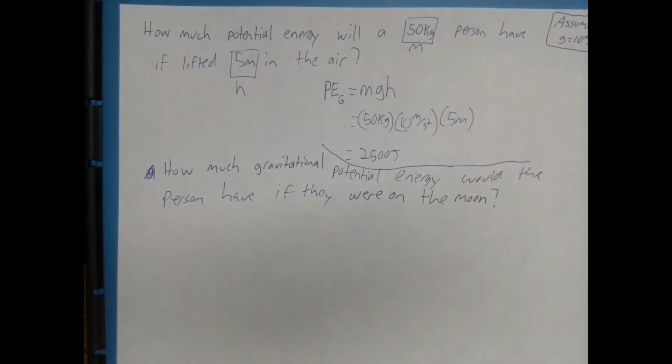There's still gravity on the moon. So let me look up that value. What's going to change for this problem? Gravitational acceleration is no longer 10. I think it's 1.6.